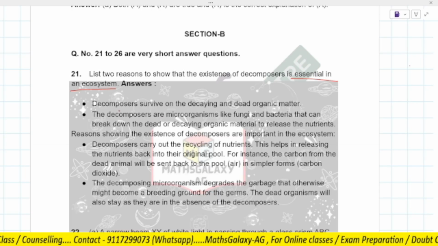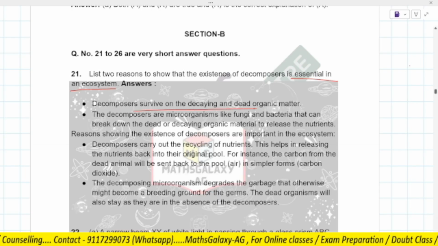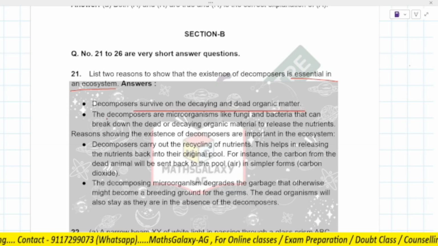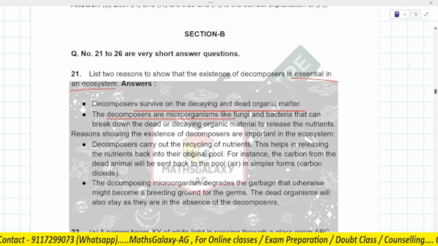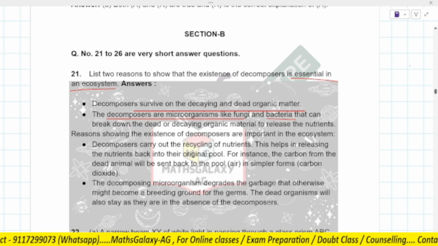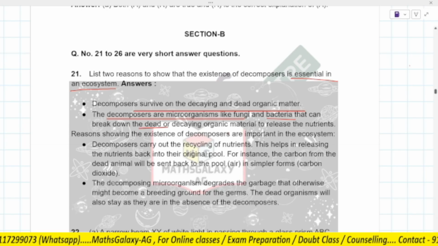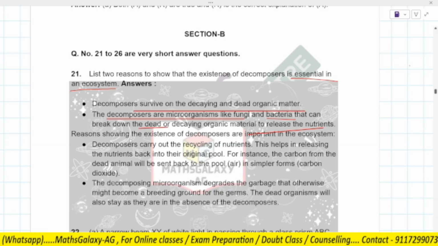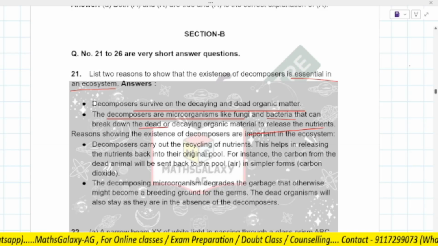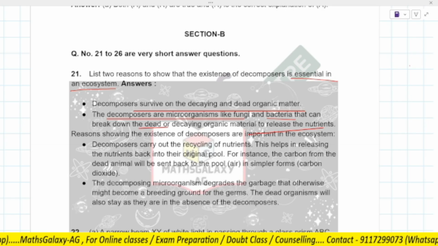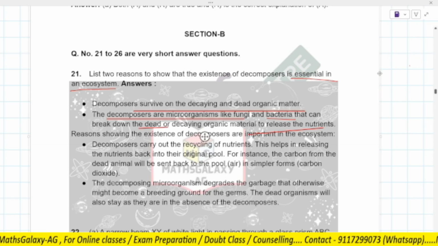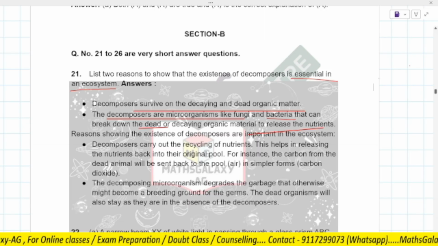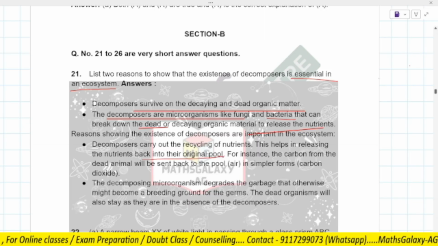So let's see here. Decomposers survive on the decaying organic matter, right? The decomposers are microorganisms like fungi, bacteria, है ना? That can break down the dead and decaying organisms' material to release the nutrients, right? The reasons showing the existence of decomposers is important in the ecosystem: decomposers carry out the recycling of nutrients, है ना? This helps in releasing the nutrients back to the original pool, right? That is, the plant.